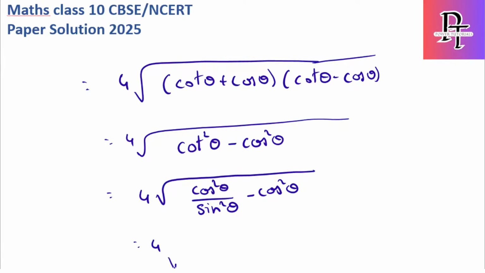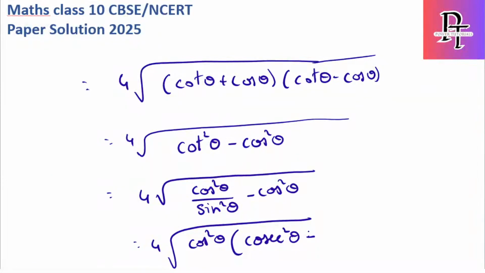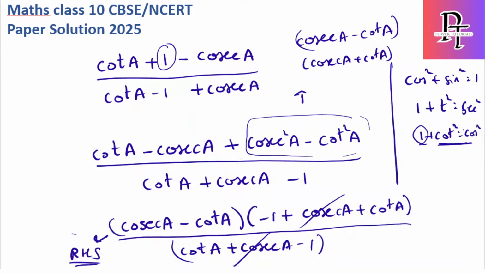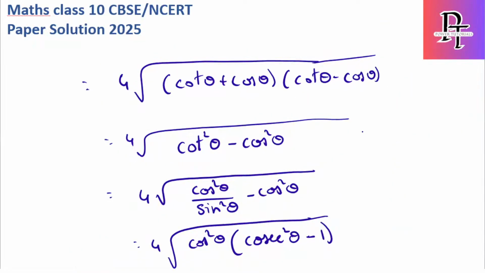If I take cos square theta as common, I will get inside 1 by sine square minus 1. 1 by sine square is nothing but cosecant square, minus one, because it is cos square. With respect to the third identity which we just discussed, 1 plus cot square is cosecant square. So cot square is nothing but cosecant square theta minus 1. The same we have here, cosecant square theta minus 1, which is nothing but cot square theta.